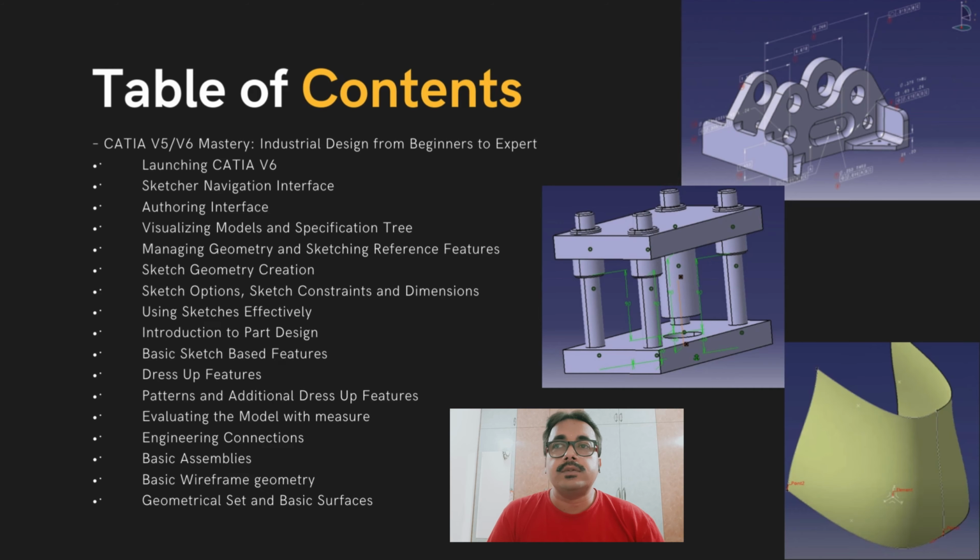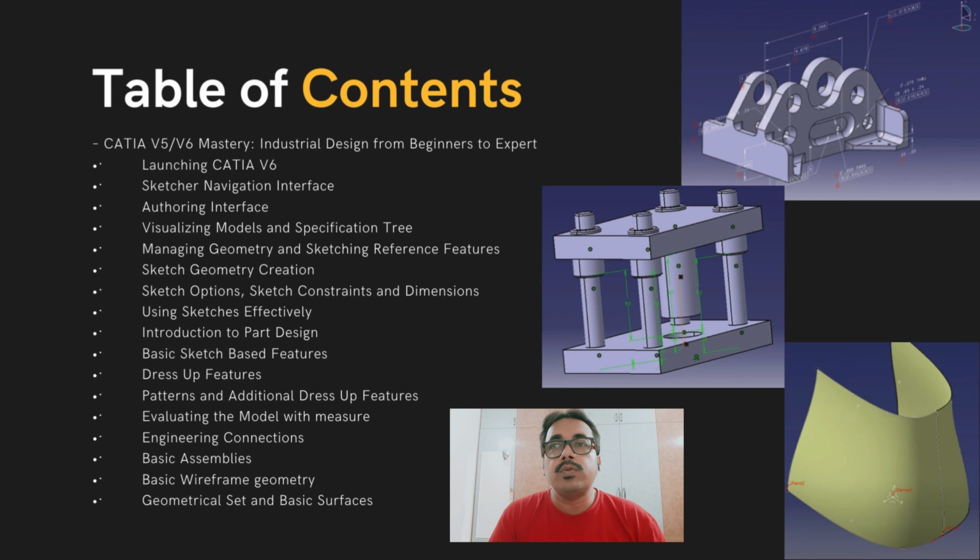Next, the sketch options, the sketch constraints, the dimensions. Here we'll be mastering the sketch options, the constraints, and the dimensions, which will allow you to create accurate and functional design.